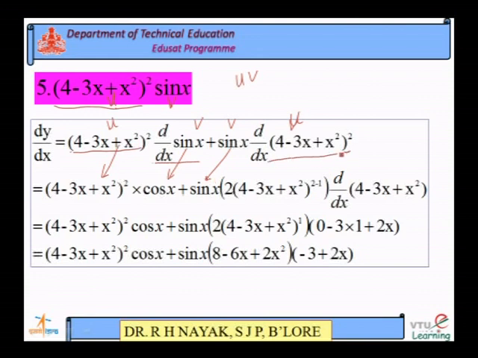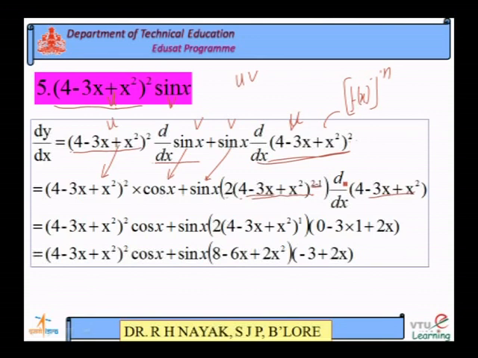Differentiation of this, which is of function to the power of n, what is the derivative? n into function to the power of n minus 1 into d by dx of the function. The function is 4 minus 3x plus x square, and n is 2.